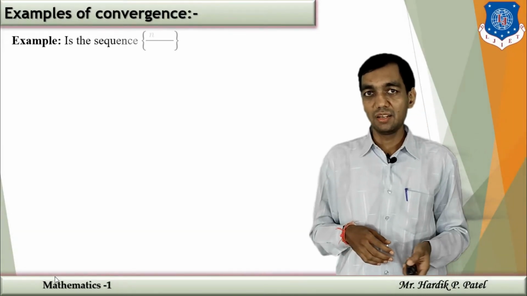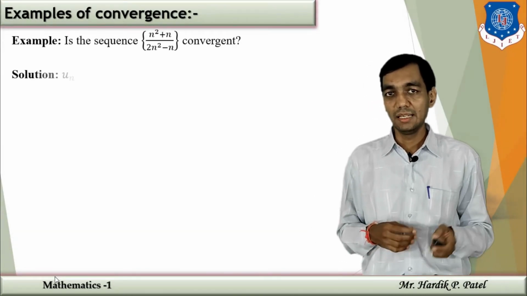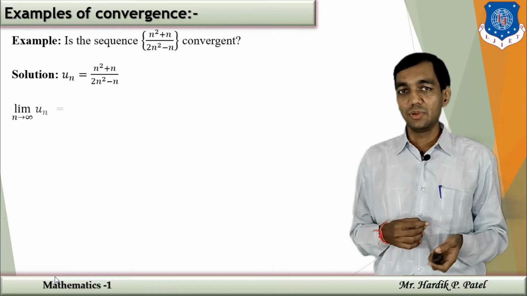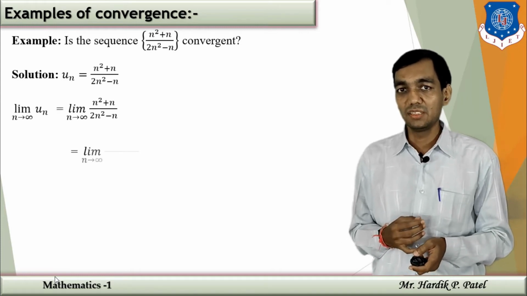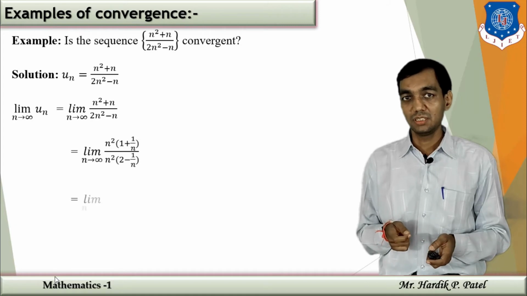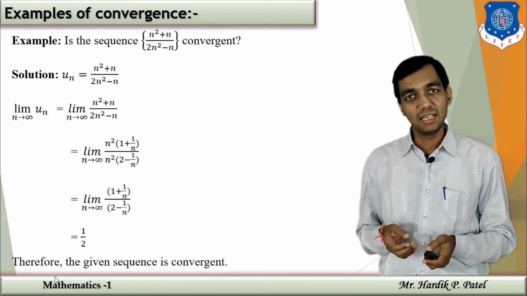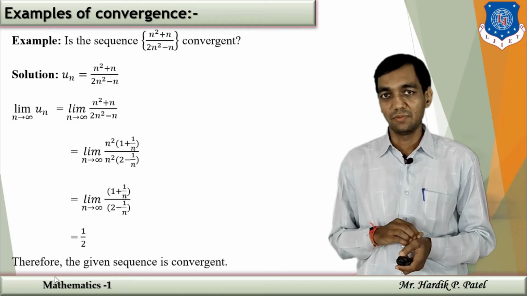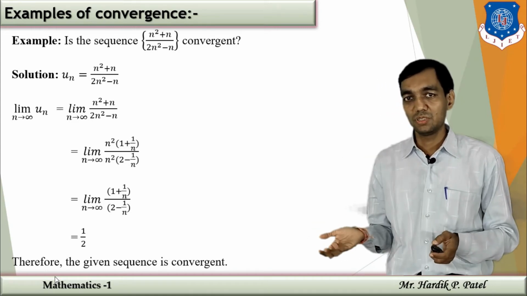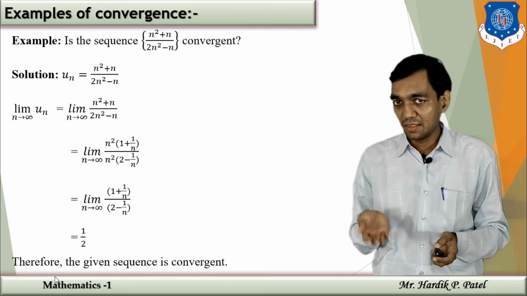In the same manner, another example we are going to see is whether the sequence n square plus n divided by 2n square minus n is convergent. So here u_n is nothing but n square plus n divided by 2n square minus n. Again applying the same process, we apply the limit to the nth term.